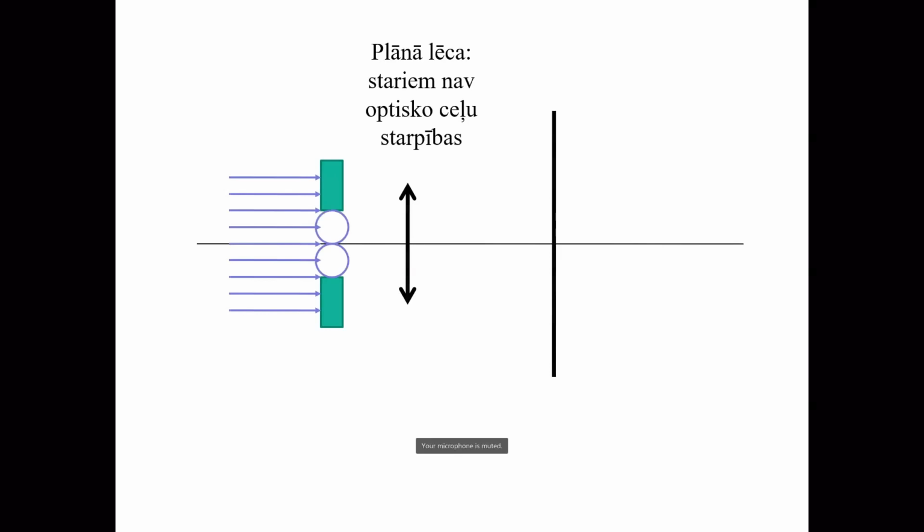The so-called Huygens principle, from the 18th, 19th century, tells us that we are able to consider each point within the diaphragm as the source of light waves. Here, just to simplify the situation, I identify two centers.